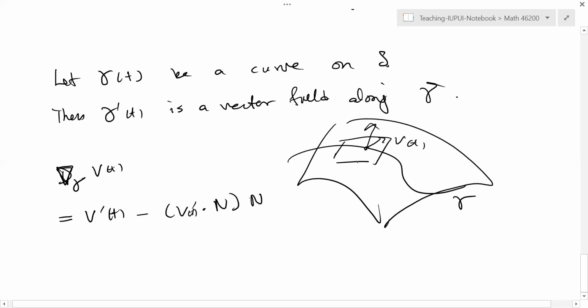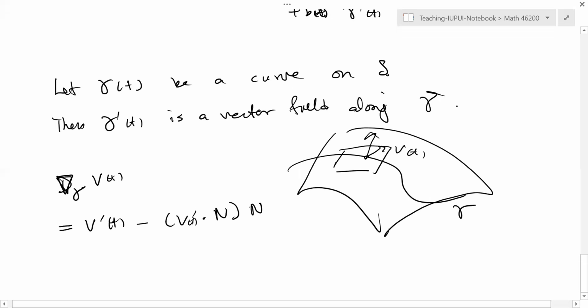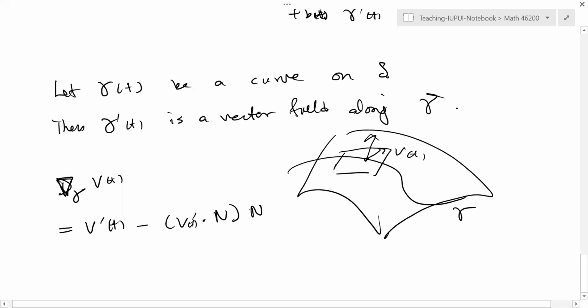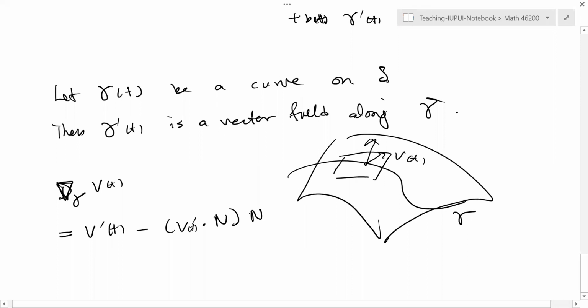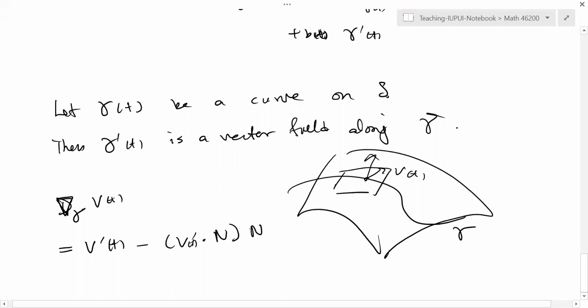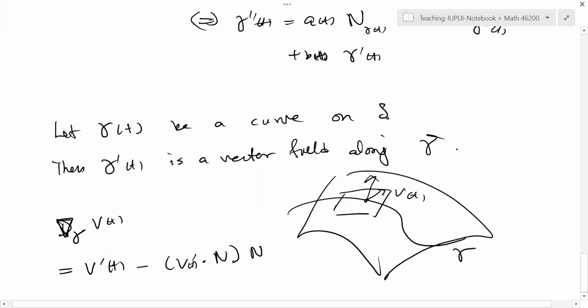So V(t) is going to be a tangent vector. Then V'(t). So that means we only consider when you differentiate in the usual sense, and then you have two parts.